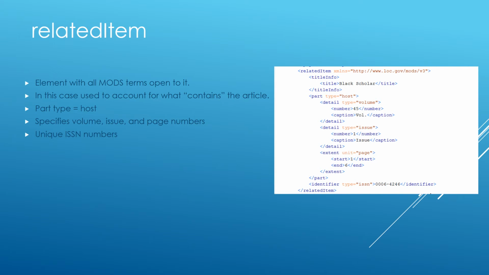So that's why I've got type host, and it lets you list what the volume and the issue and the page are. And we also have the unique ISSN numbers right over there. So this would usually be all the information about what journal an article is from.